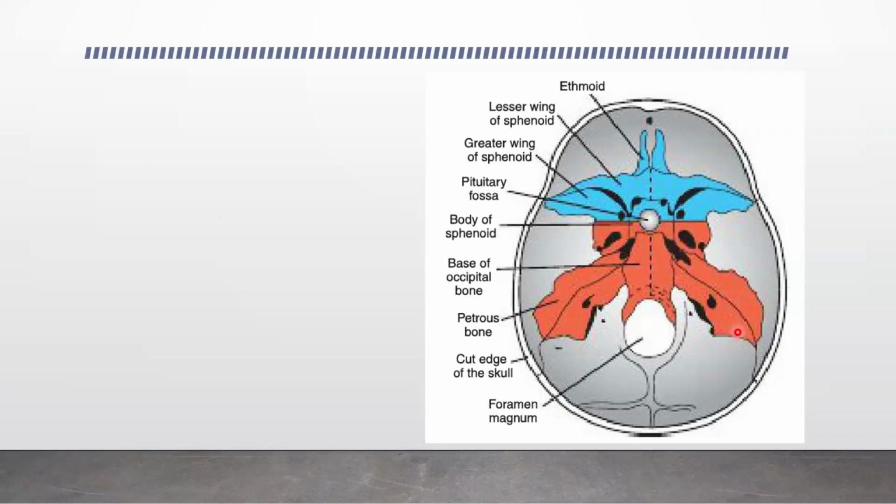So talk about the petrous part of the temporal bone, talk about the base of the occipital bone, the body of the sphenoid will be coming from the occipital sclerotome. Then the remaining, so talk about the ethmoid, the lesser wing of the sphenoid, the greater wing of the sphenoid, and even the sella turcica, will be coming from the precaudal chondrocranium. So that image tries to summarize everything.